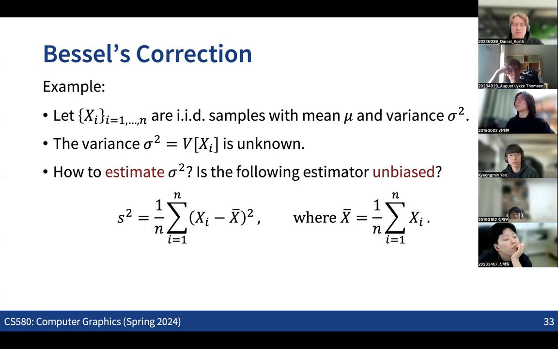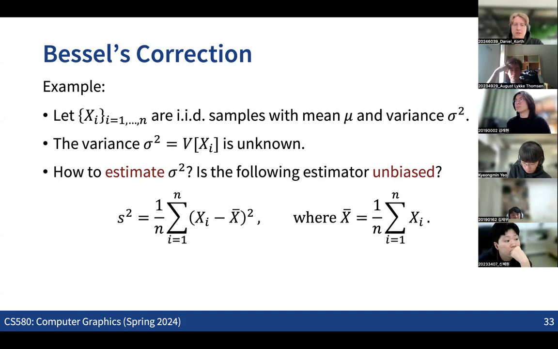While we know that all these samples are sampled from the same probability density function, let's say we don't know the variance. So we want an estimate of the variance of the probability density function. What would be the best way to define such an estimator for the variance?